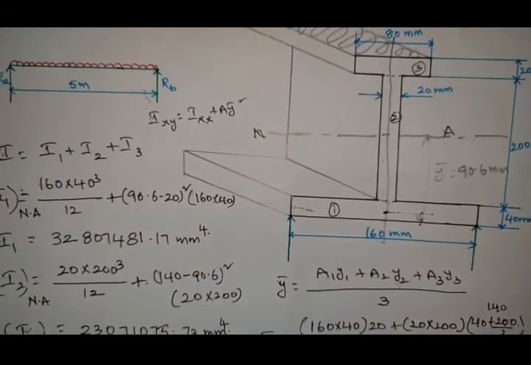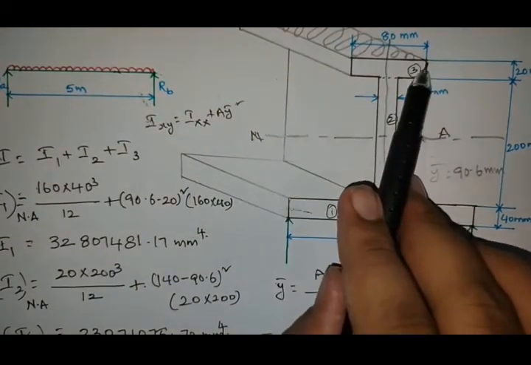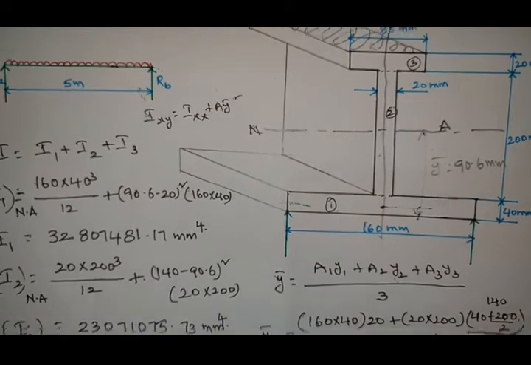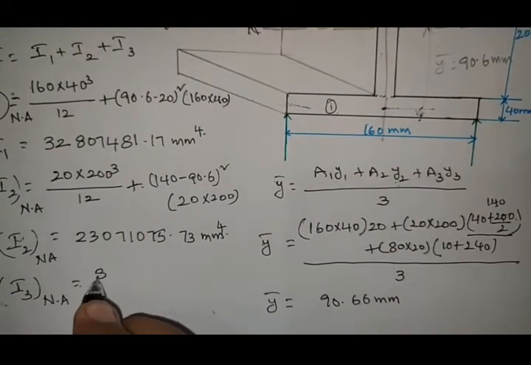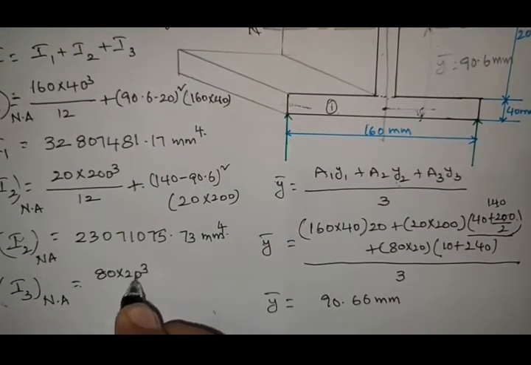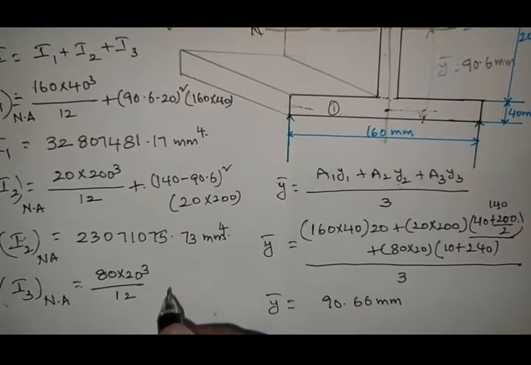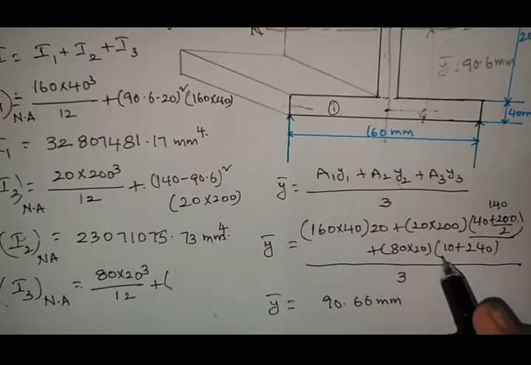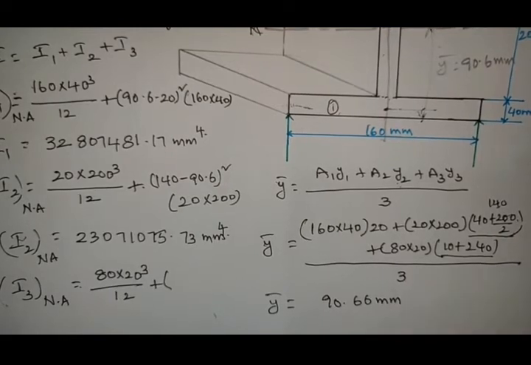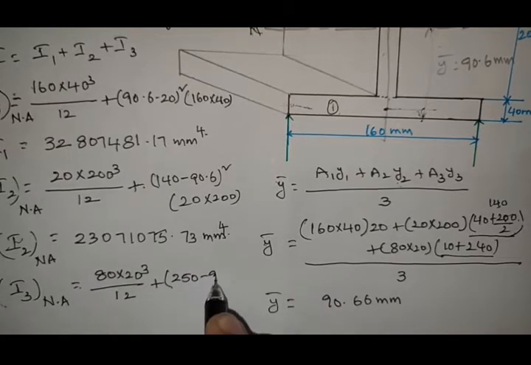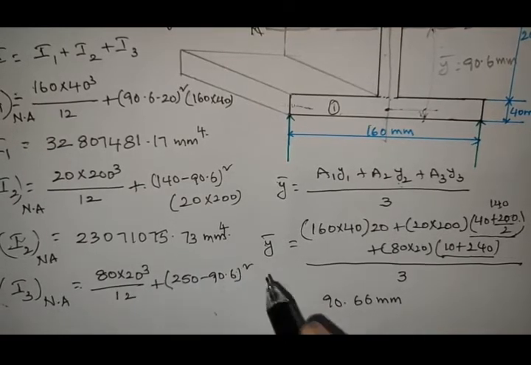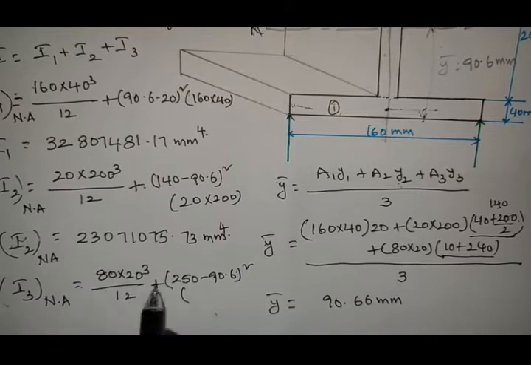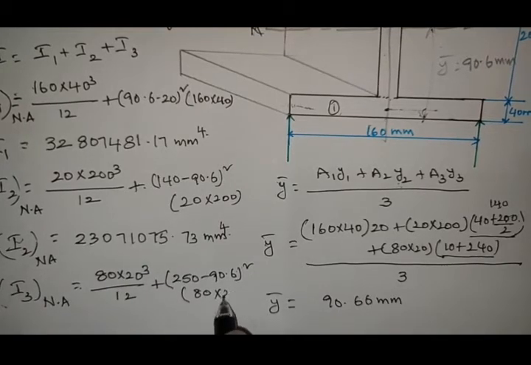Next, moment of inertia of the third rectangle with respect to the neutral axis. What is the third rectangle? 80 into 20 cube by 12 plus, so the third rectangle centroidal distance is 250. So 250 minus 90.6 whole square into this rectangle area, which is 80 into 20.